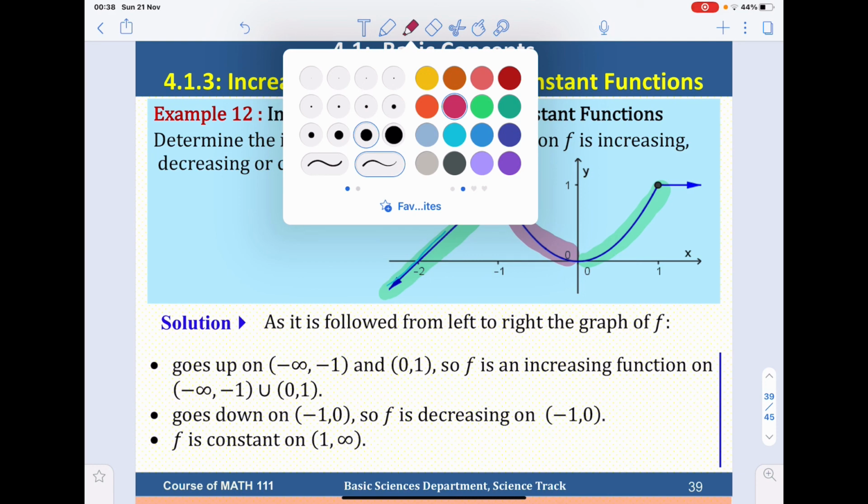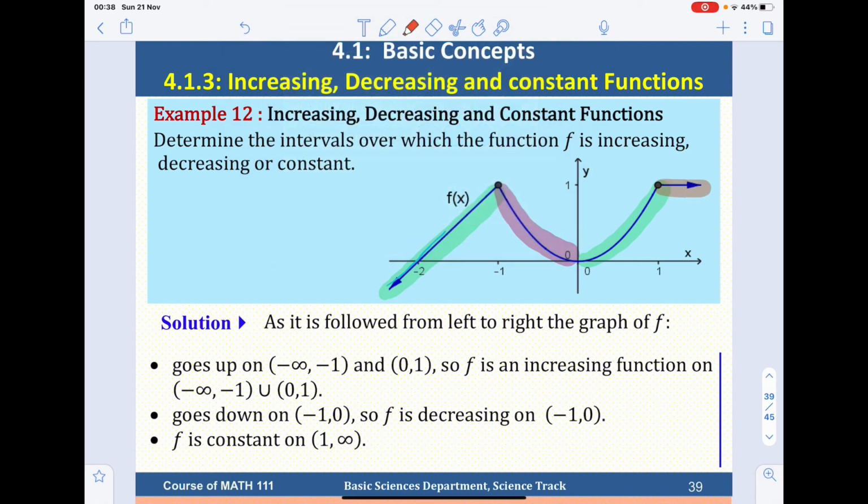And the last one, this is constant. If we want to write the intervals, since here we have an arrow, it would be from negative infinity to this point, which is negative 1. So from negative infinity to negative 1. And the other increasing interval is from 0 to 1.